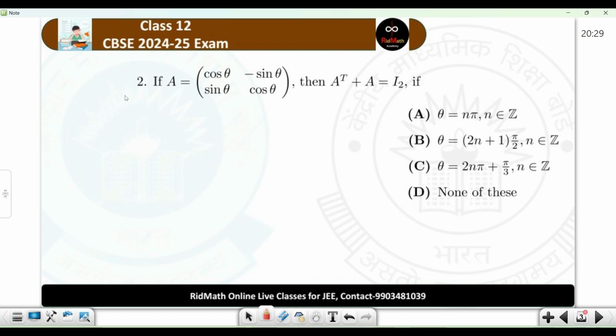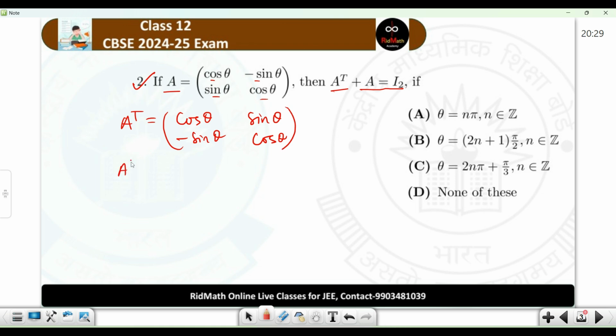Next problem. Question number 2. A equal to [cos theta, minus sin theta; sin theta, cos theta]. If A transpose plus A equal to I2, then what is theta? So this is A. What is A transpose? This is cos theta, minus sin theta, and this is sin theta, this is cos theta.